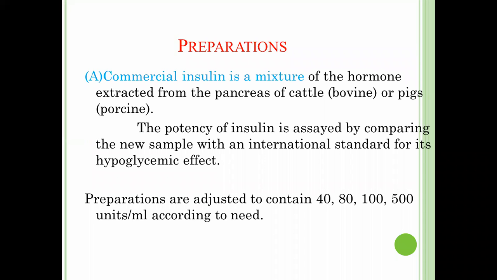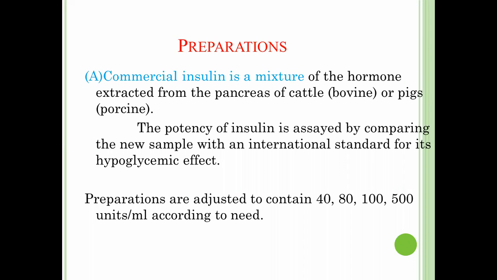Commercial insulin is a mixture of hormone, extracted from the pancreas. The commercially available insulin preparation is a mixture of hormone, extracted from animals. Do you know the extraction process? Extraction is a process in which an active ingredient is extracted out. So this hormone is extracted from the pancreas of cattle or pigs.